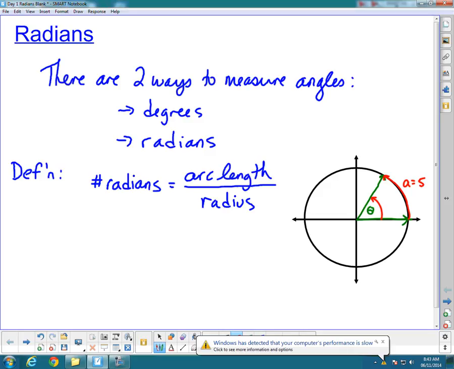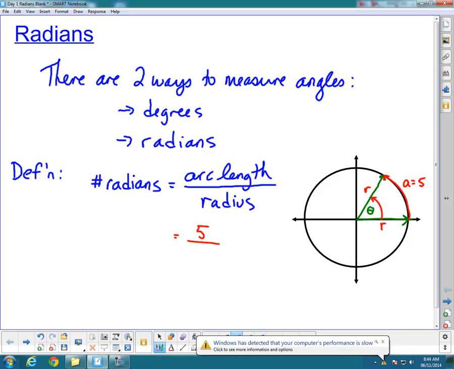So the radian measurement is that arc length, which in this case is 5, divided by the radius of the circle that we drew. In this case, the radius would be this length right here. It's the same as the length down there. It doesn't matter, as it goes around the circle, the radius is going to stay the same.